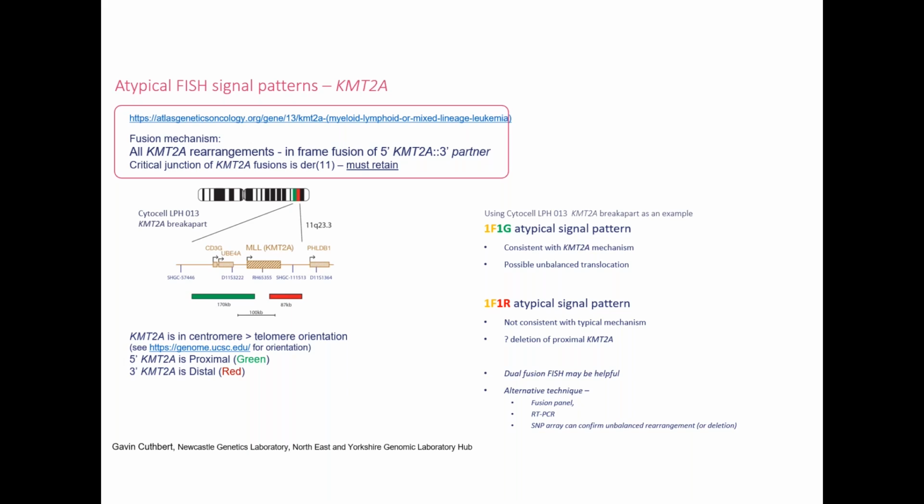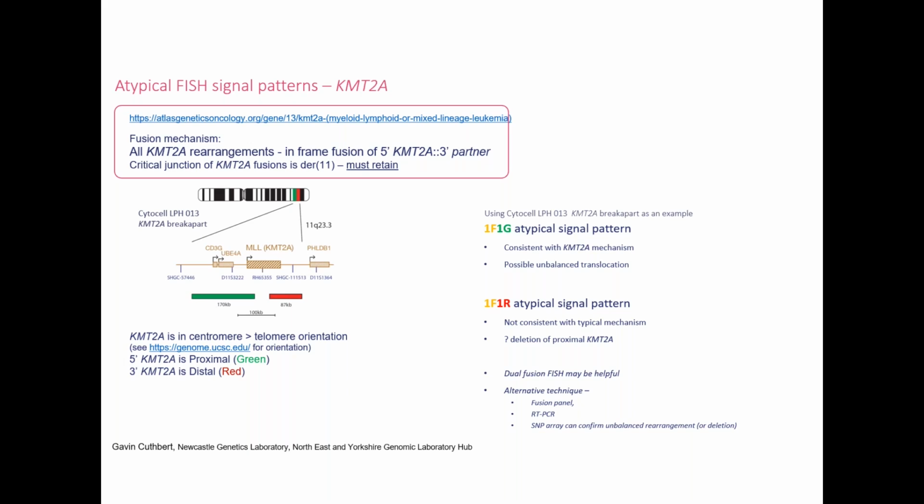We've had two relatively recent cases that were each of these. The fusion green was positive on fusion panel. I think it had a cryptic 9;11, and the fusion red wasn't. It was just a deletion that just happens to take out a critical bit of the probe, which is leading to possible misinterpretation.